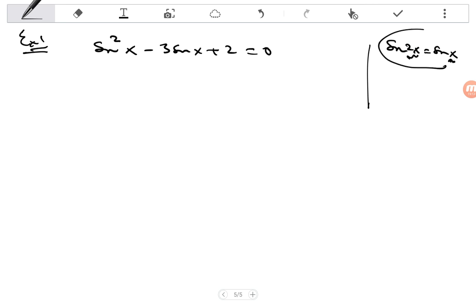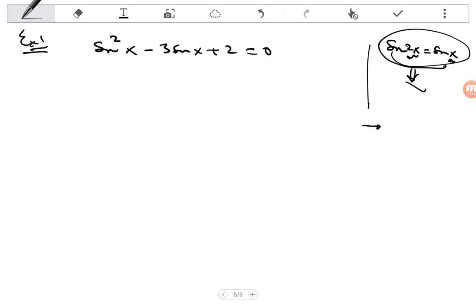So for an equation like this, you need first to express it in terms of just one angle, either all of them to be an angle 2x, or all of them to be an angle x. Just choose one approach, either this one or that one.